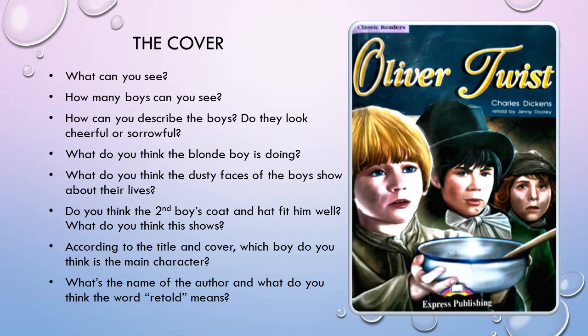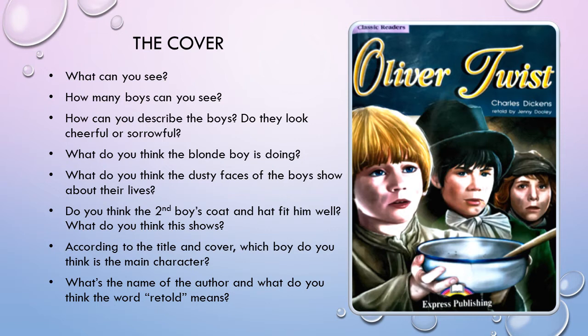What do you think the blonde boy is doing? What do you think the dusty faces of the boys show about their lives? Do you think the second boy's coat and hat fit him well? What do you think this shows? According to the title and cover, which boy do you think is the main character? And the last one says, what's the name of the author? And what do you think the word retold means?